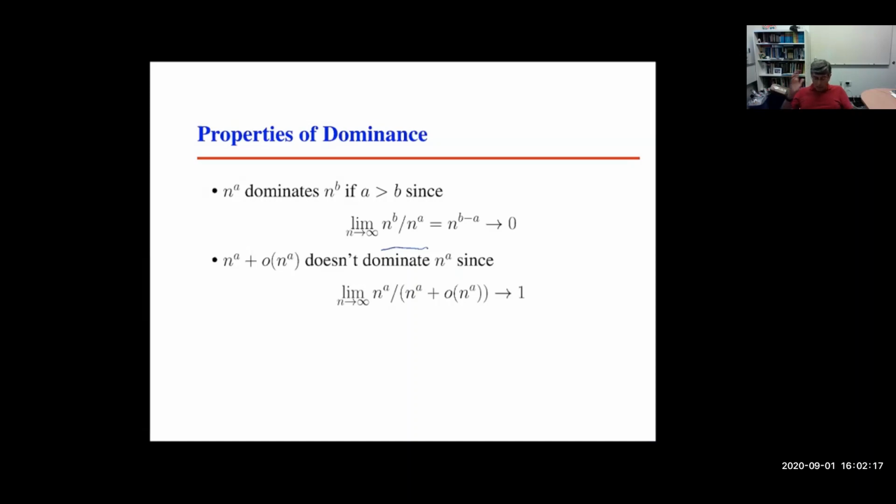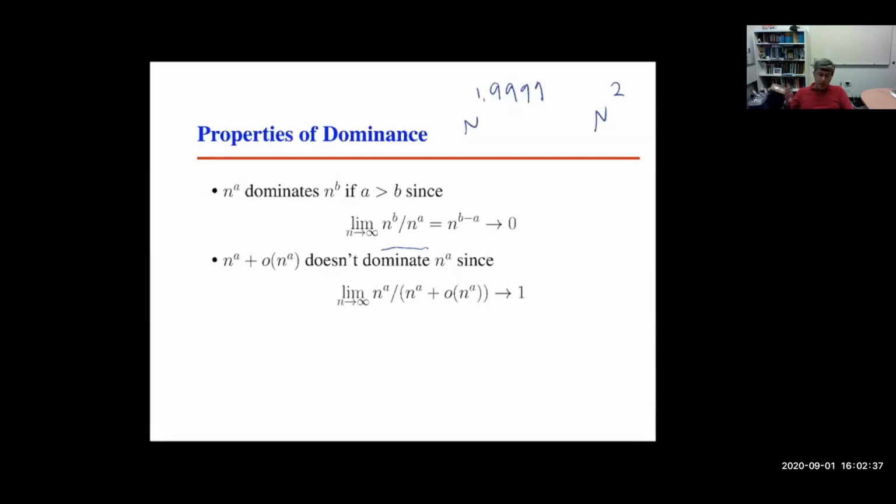It's 1 over something. If a is bigger than b, the limit of this is going to go to 0. So we say that n to the 1.99999 is dominated by n to the 2. Does everybody kind of see that?